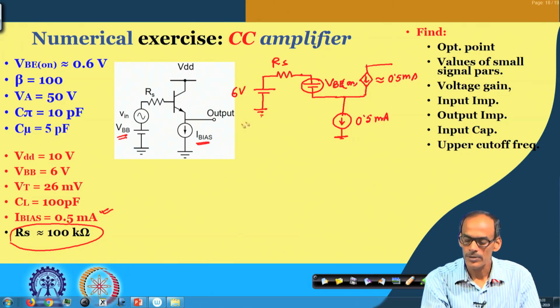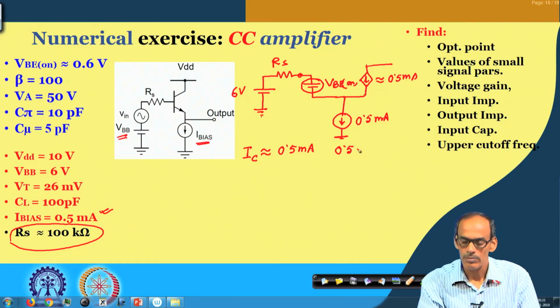So, this collector current we may approximate as also equal to 0.5 milliampere. Now, to find the voltage here, what do you have to do? IC is approximately equal to 0.5 milliampere, or to be more precise, 0.5 multiplied by beta, which is 100, divided by beta plus 1.